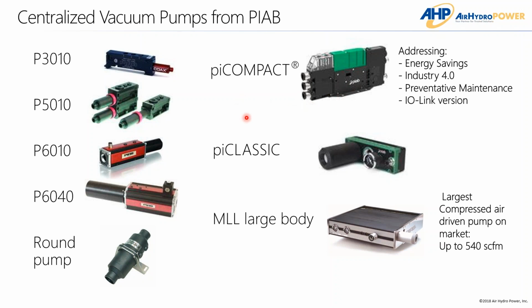I also wanted to give you an understanding that it's not so easy to just say, okay, I want a vacuum pump, just give me one. In order to get the most efficient one, we want to make sure that we're sizing it correctly for the flow and the depth of vacuum that is needed for the system.